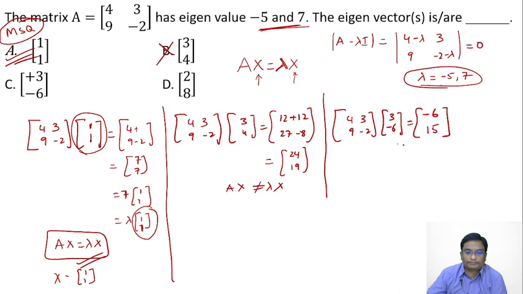Here please correct this one. This is given as (2, 6) here. If you take (2, 6), this is 8 minus 18, minus 10, and this is 18 minus 12.